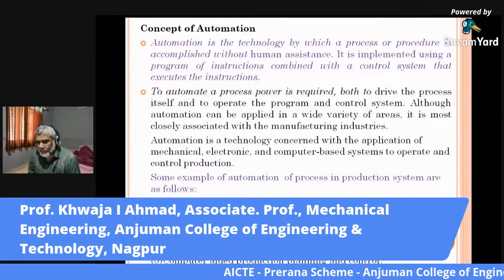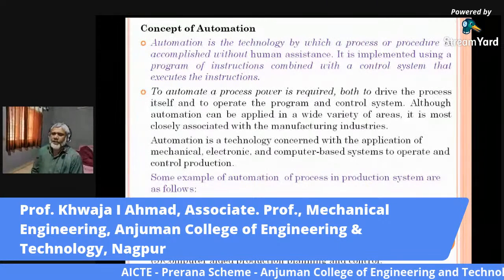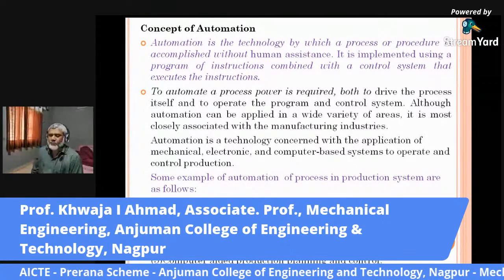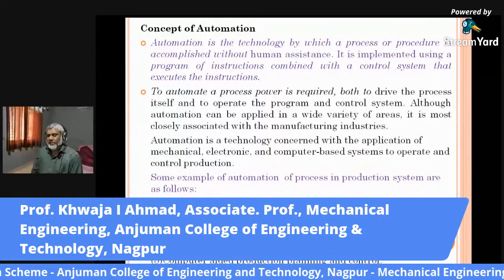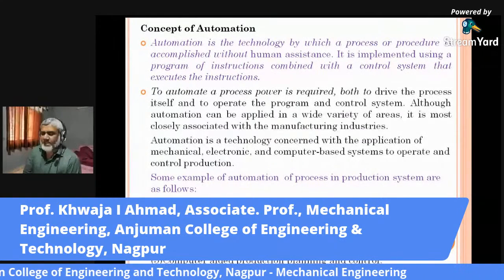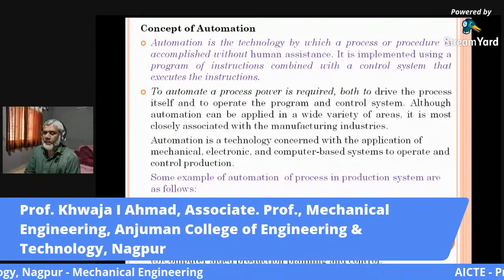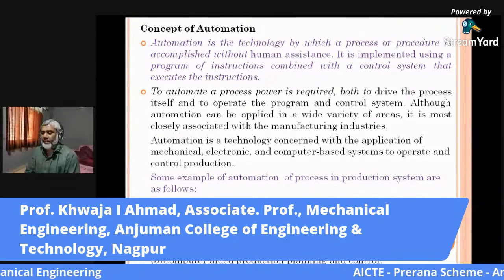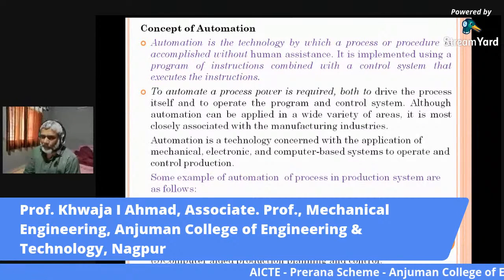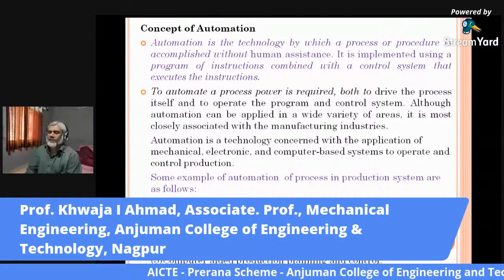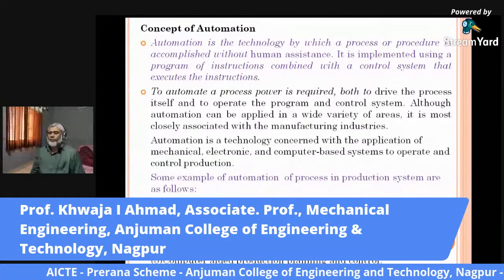Similar is the case with automated storage systems. Here in automated storage systems, you must also have this idea that they have ASRS and AGVS, automated guided vehicle systems. They both play a crucial role in material handling in the automated area. Another thing is computer aided production planning and control.